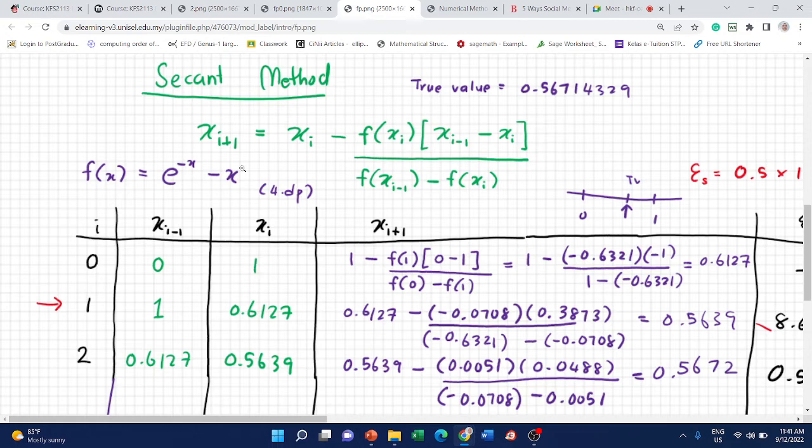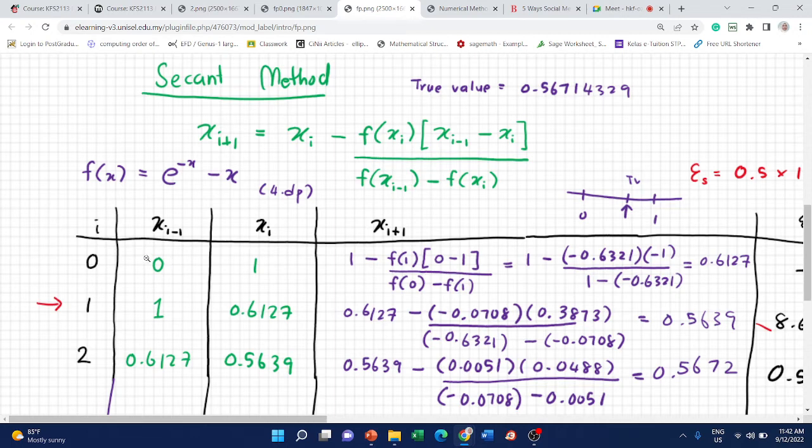Okay, then once we identify, you have to compute f(x(i-1)) and f(x(i)). How to compute? Kita dah tahu x(i-1) is 0, so you put here in your f(x). When x is 0, what is the value? e power 0 minus 0. So you have 1. Okay? Can you write down on your paper?